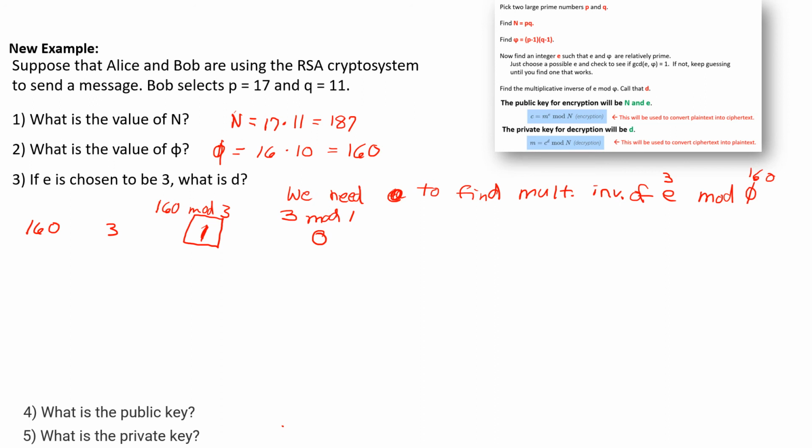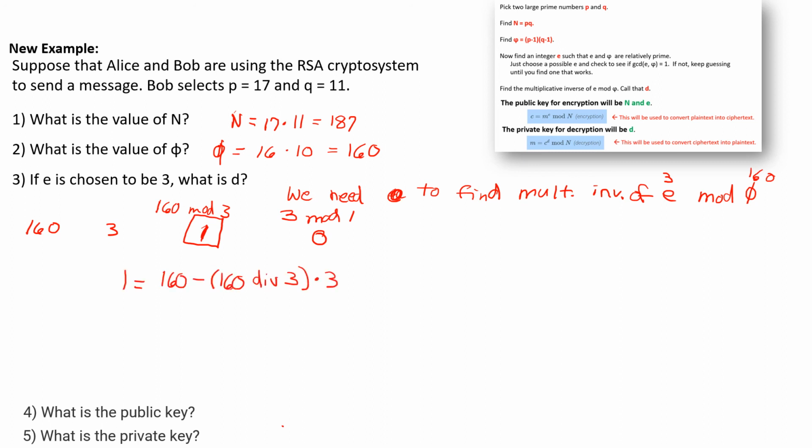It should always be a 1 if we chose E correctly, right? Because E needs to be relatively prime with phi. So we should always end up with a 1 there if E really is relatively prime with phi. Okay, so now, in order to find that multiplicative inverse, we need to write 1 as a linear combination of the two numbers 160 and 3.